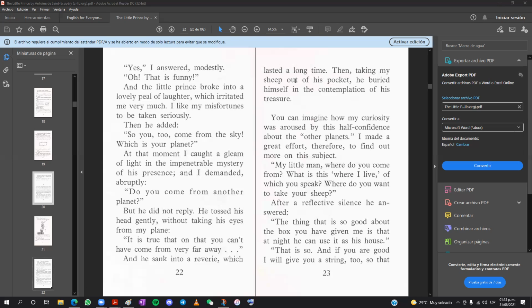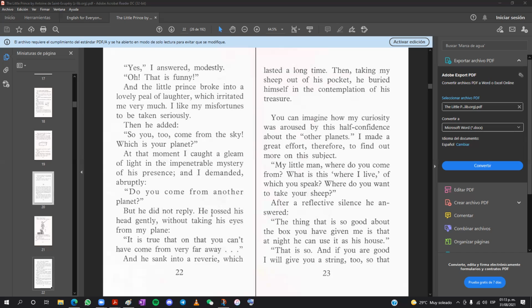Then, taking my ship out of his pocket, he buried himself in the contemplation of his treasure. Pero él no respondió. Él torció su cabeza gentilmente sin quitar sus ojos de mi avión.